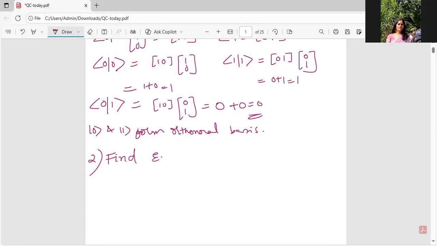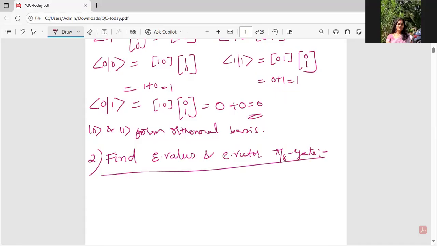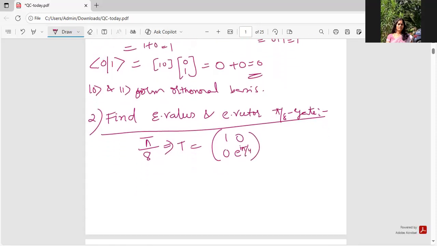Find the eigenvalues and eigenvectors of the pi by 8 gate. The pi by 8 gate, denoted by T, is equal to [[1, 0], [0, e^(i pi/4)]]. Okay, guys? Now you see, it's very easy.